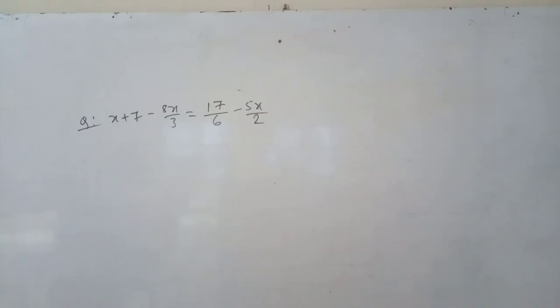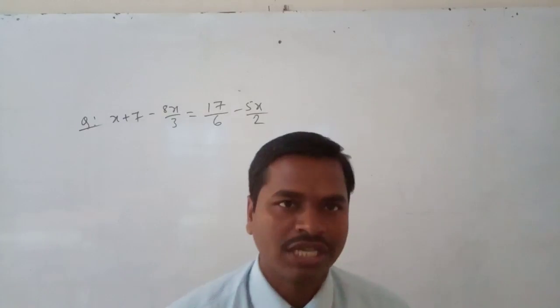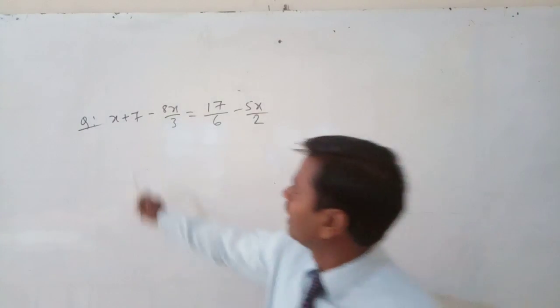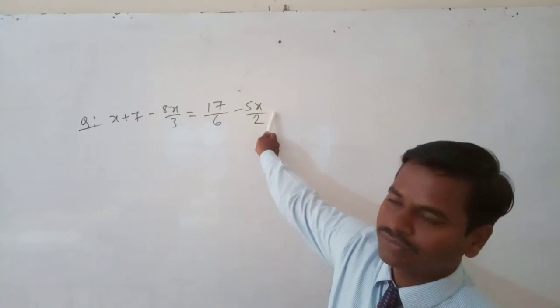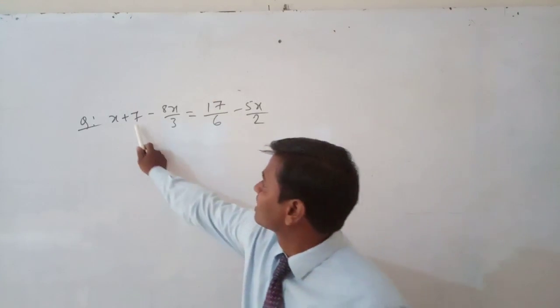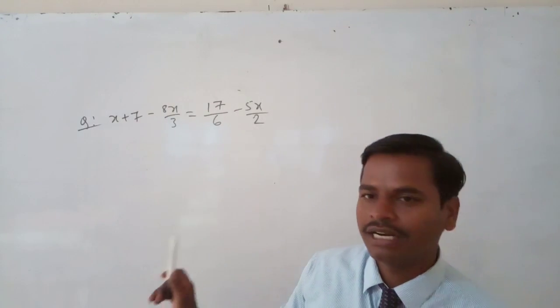Now, take the variables on one side and the constant numbers on the other side. Here x, 8x, 5x are variables. 7 and 17 by 6 are the constant numbers.